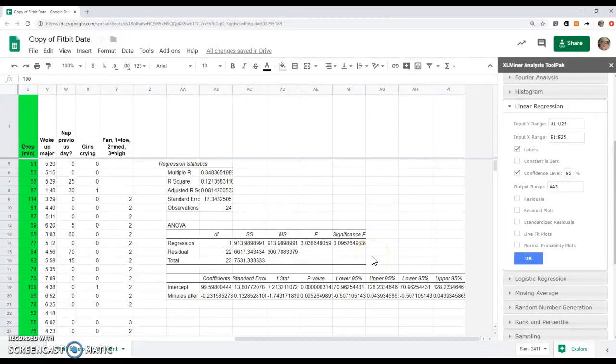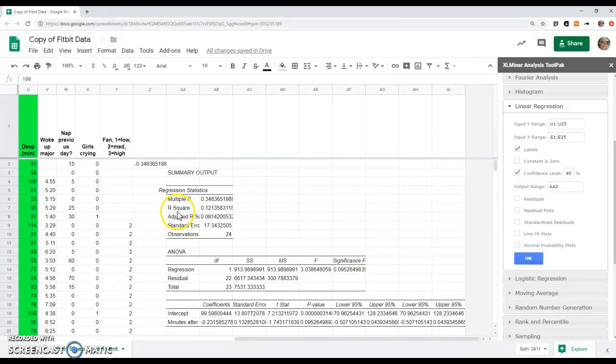So what do we do with all of this? Well, first of all, notice that this number matches up exactly with this, which again is the correlation coming through into the regression. One of the first things you would look at in a regression is the correlation between the variables. But we want to know, is that a statistically significant correlation?